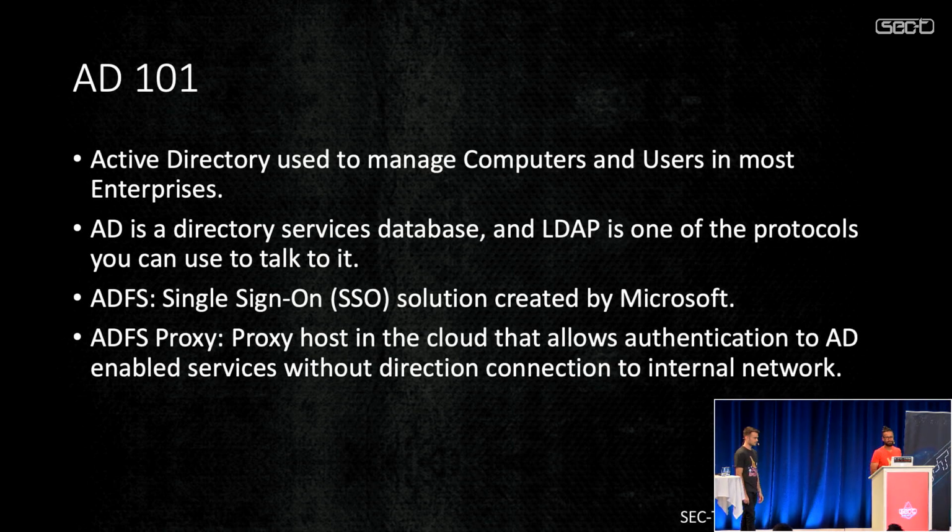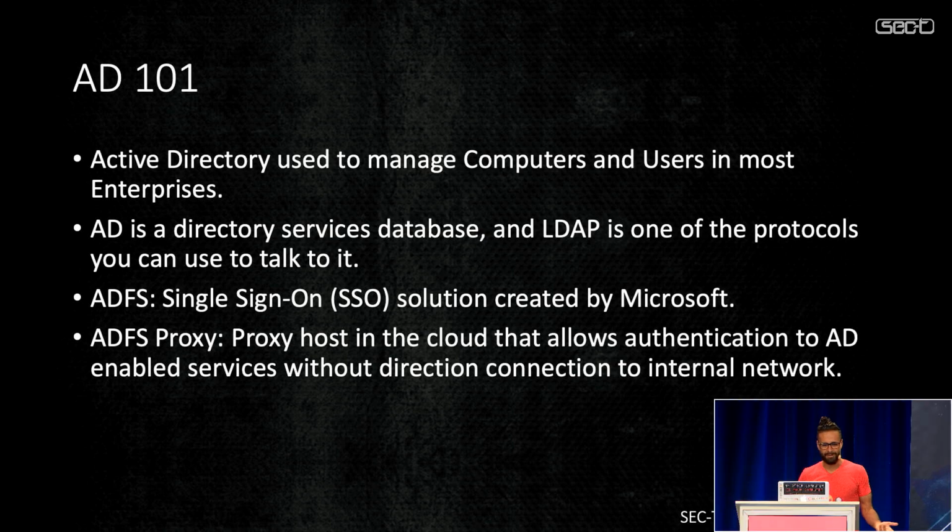So we're looking at a more realistic attack vector, and the one that we identified was ADFS, which is a single sign-on solution created by Microsoft. There's an ADFS proxy, a proxy host in the cloud, that allows you to authenticate to Active Directory-enabled services without a direct connection to the internal network.